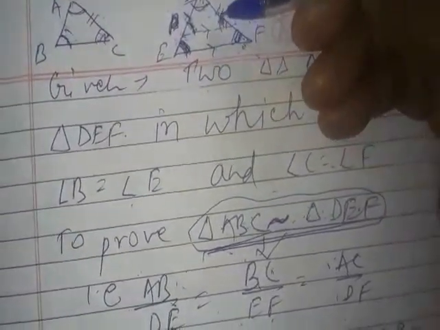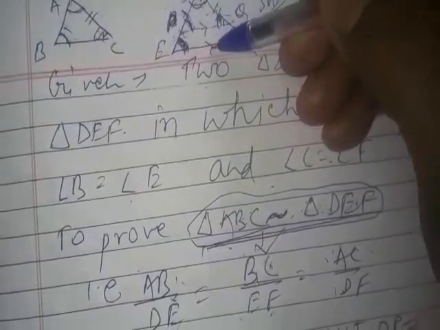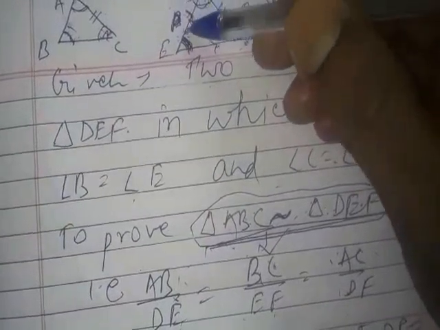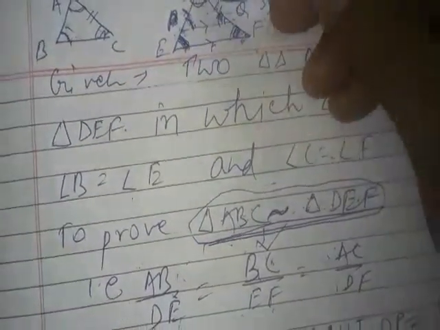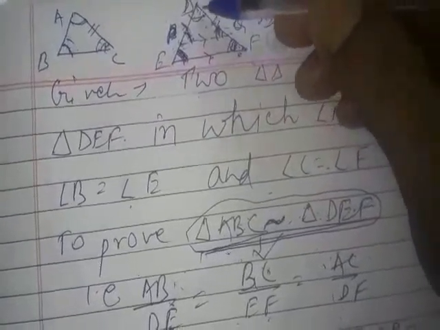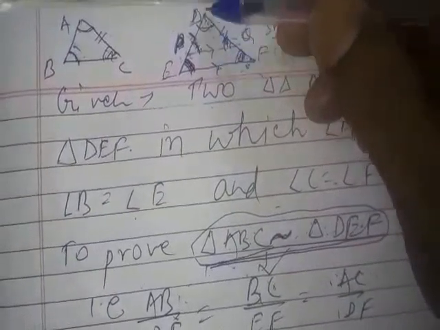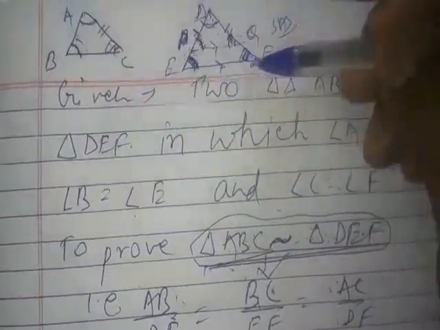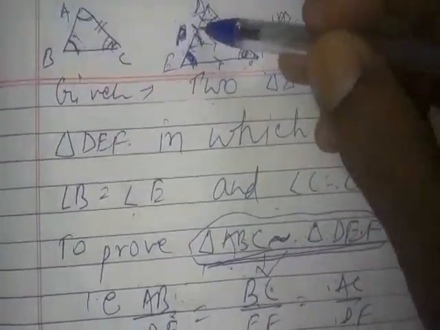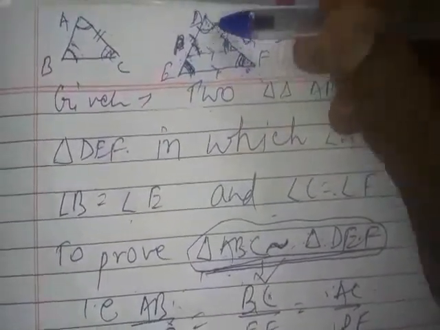Now by using BPT, we can prove that DP by DE is equal to DQ by DF. As we have proved that these two lines are parallel to each other, then by the basic proportionality theorem, we can say that DP by DE is equal to DQ by DF.